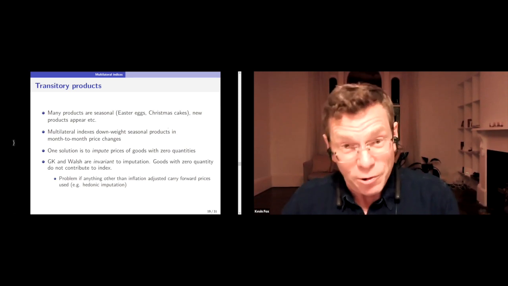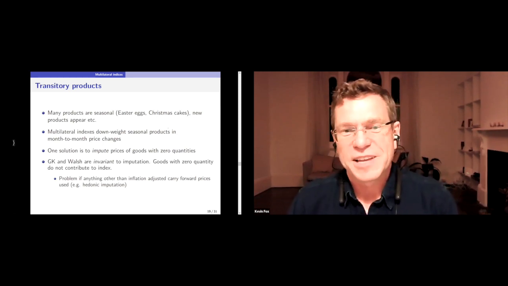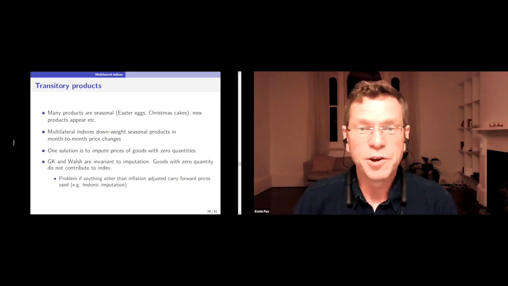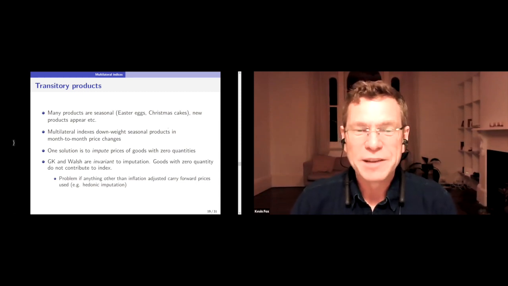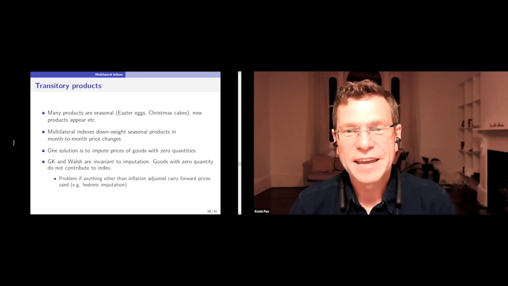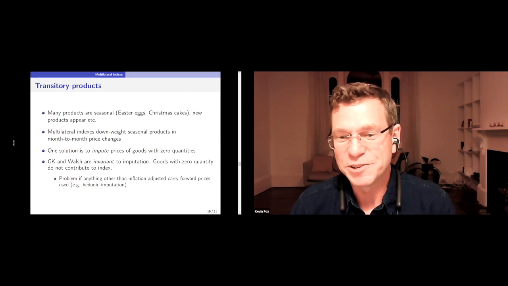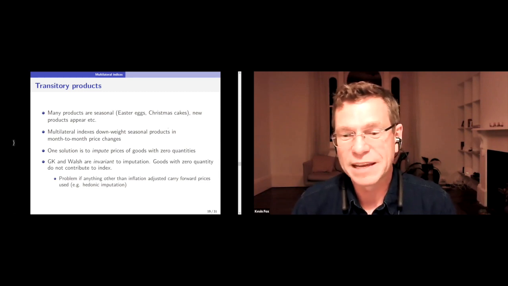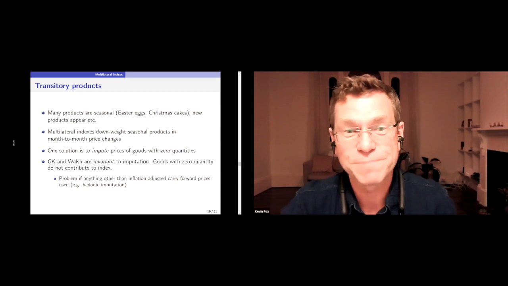If you're only interested in using inflation-adjusted carry-forward prices, then okay, no problem. But if you want to do, say, hedonic imputation for the missing prices, then that is problematic. You can do all the hedonic imputation you like, it won't change your index if you're using Gary-Khamis or Walsh.